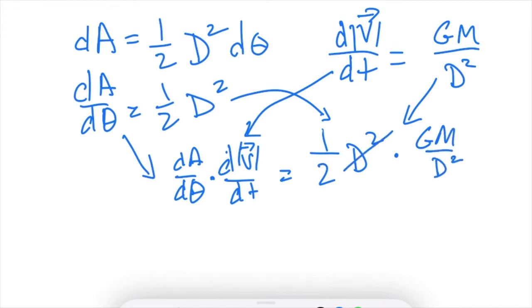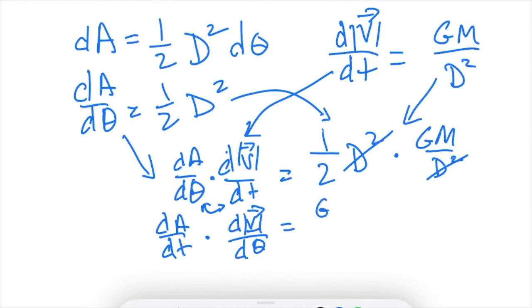And right away we can see that the d squareds cancel out. And over here we do a little rearrangement. We trade denominators here, so we say dA/dt times dv/dθ equals GM over 2. And we substitute for dA/dt, h over 2, which we've shown before.